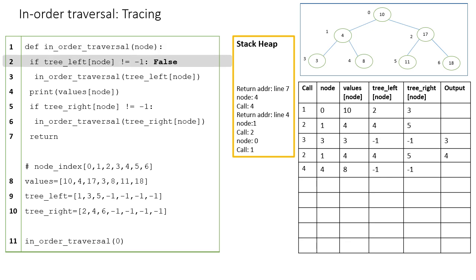We check to see if our left tree node doesn't equal -1. Well, our left tree node does equal -1, therefore we skip to line 4. On line 4, we output the value, which in this case is 8. We check to see if our node to the right doesn't equal -1. Well, that's false.